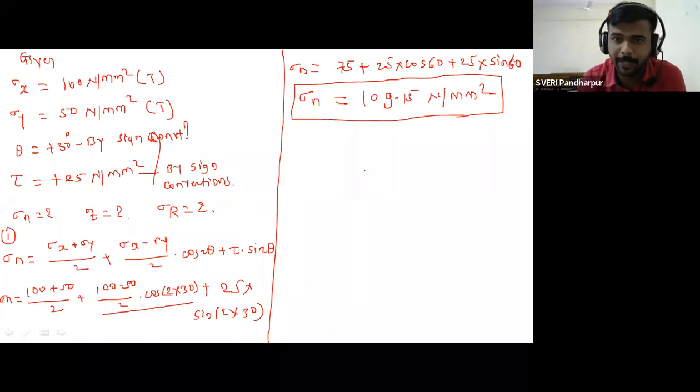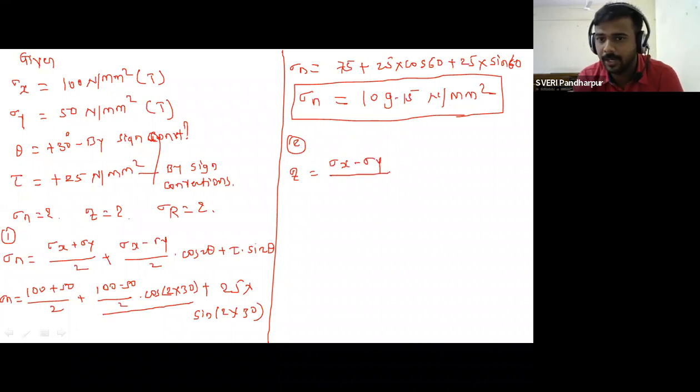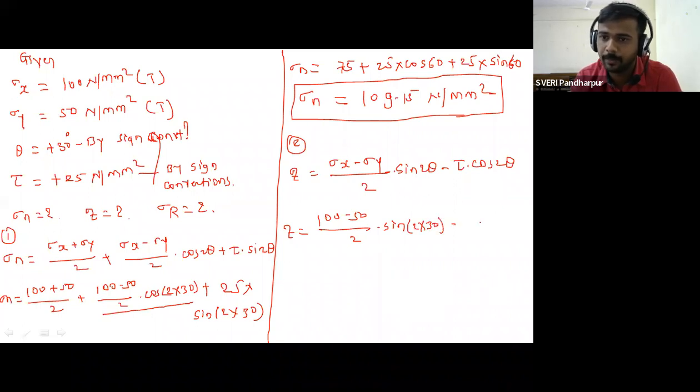109.15. Then the second formula, of tangential stress. Sigma t is equal to sigma x minus sigma y divided by 2 into sin 2 theta, minus tau into cos 2 theta. So sigma t is equal to 100 minus 50 divided by 2 into sin 2 into 30, minus 25 into cos 2 into 30.